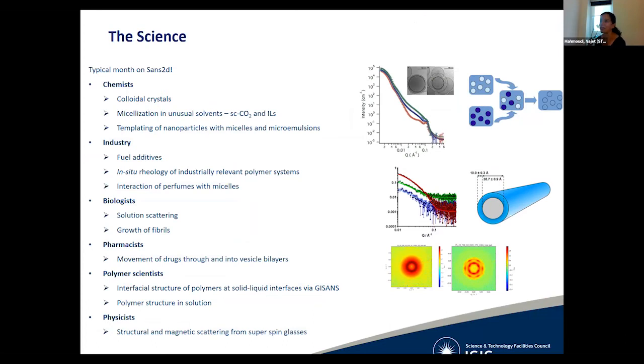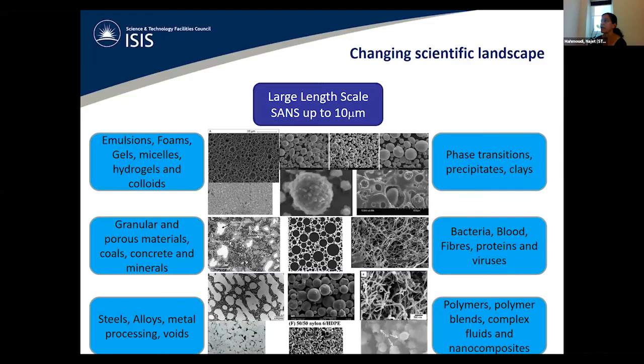I often deal with biologists looking at solution structure, or say growth of fibrils in diseases, with pharmacists looking at the movement of drugs into vesicle bilayers, with polymer scientists, with physicists looking at structural and magnetic scattering from superspin glasses. So it's quite a huge variety of science that's done all the time.